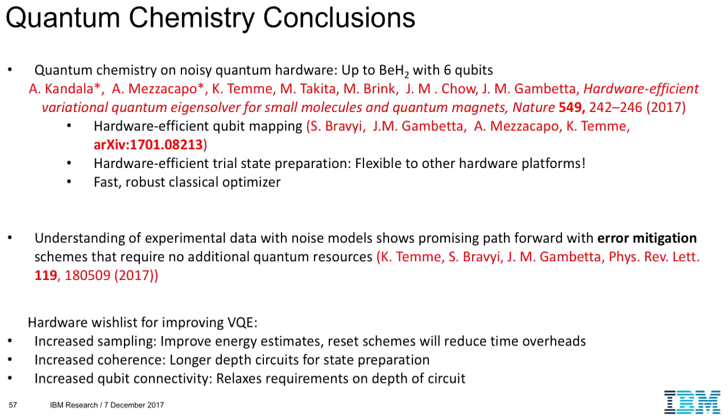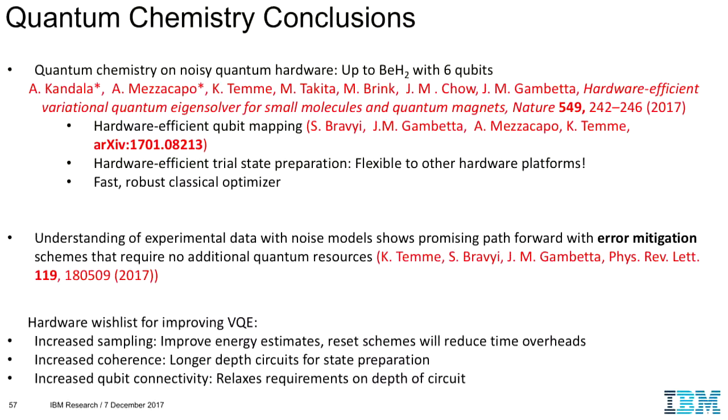And just to wrap it up, what do we want in order to run this better? We want to increase sampling. That would improve the energy estimate, and that would require some reset. So I talked about doing some fast readout, fast reset. That's what we're working on. That is going to help us with being able to take more samples.